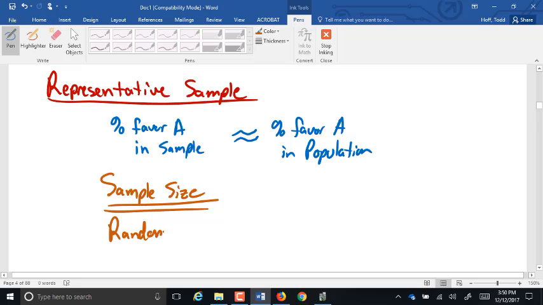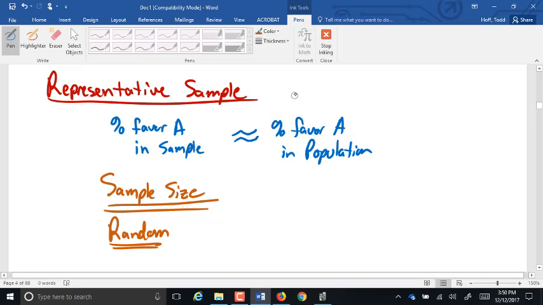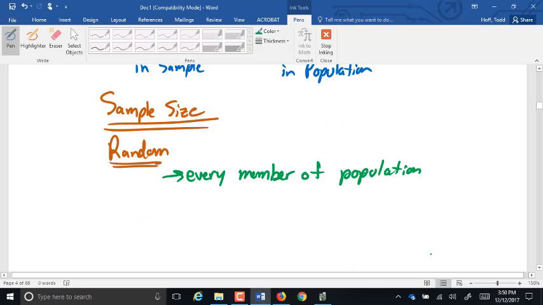The other is it has to be random. Random means every member of the population has an equal chance of being in the sample, of being selected.